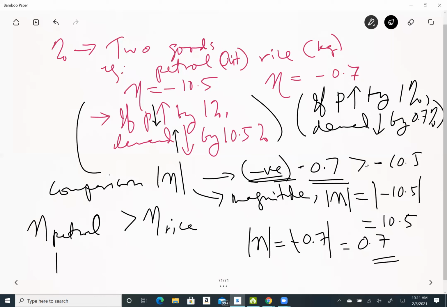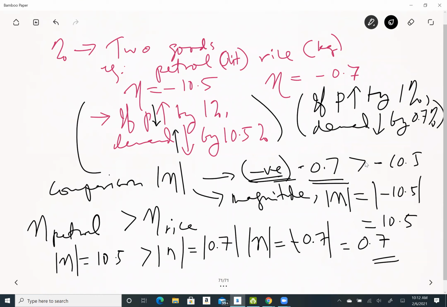In terms of absolute value, you got negative 10.5, so the absolute value will be just 10.5, which is larger than the absolute value for the elasticity of rice, which is 0.7.